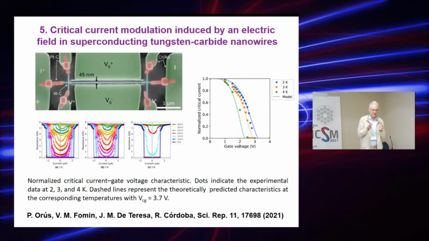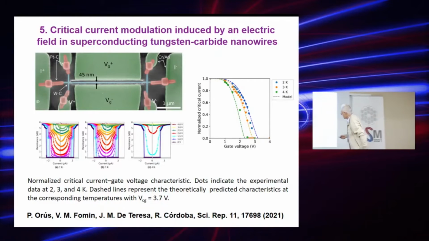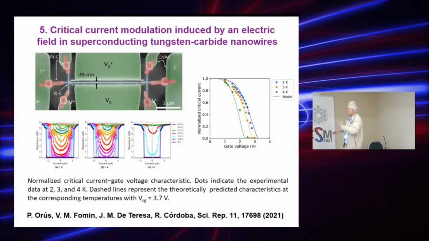There is a gate voltage and an experimental measurement. There is resistance, the dependence on the current through the wire at different gate voltages.